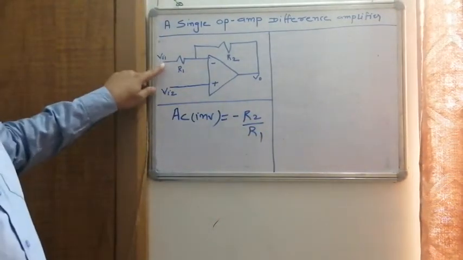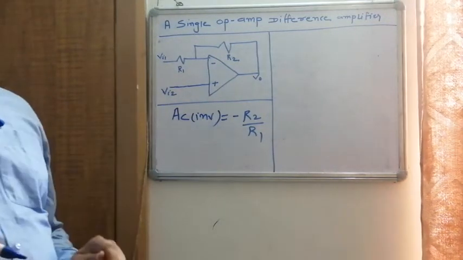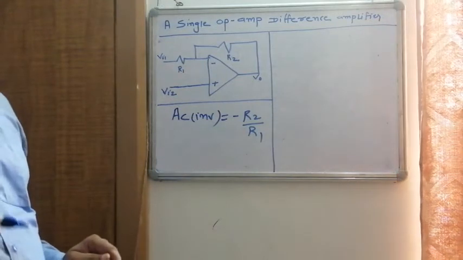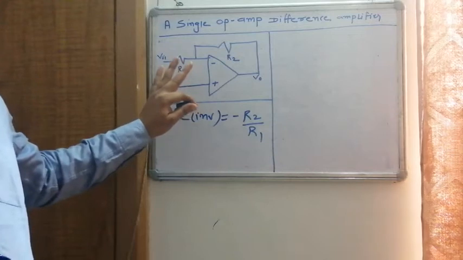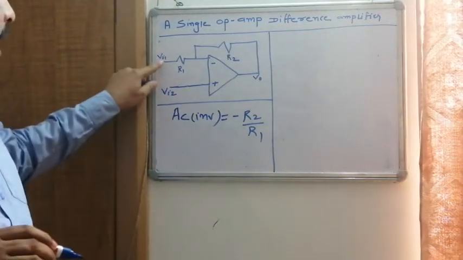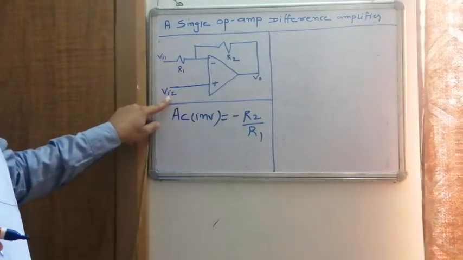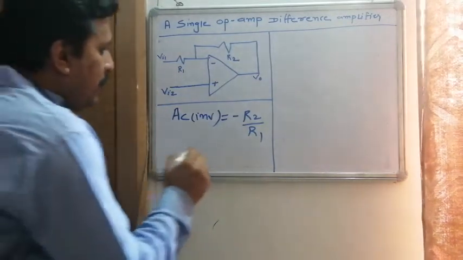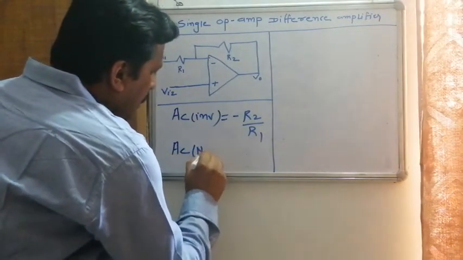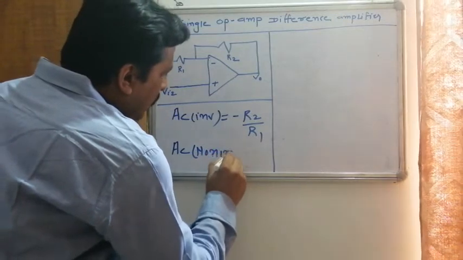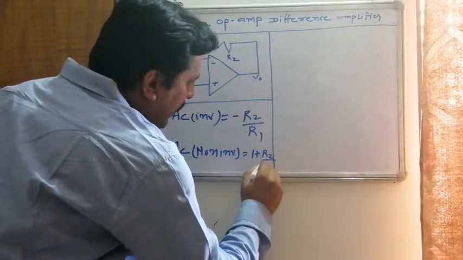And if I ground the inverting terminal and apply input at the non-inverting terminal, this configuration works as a non-inverting configuration. So what is the closed loop gain? The closed loop gain for the non-inverting configuration is 1 plus R2 by R1.